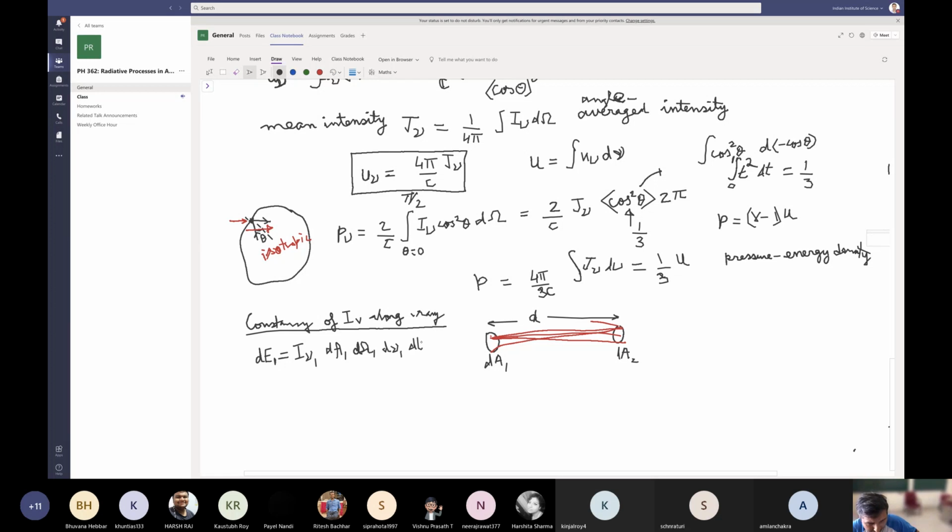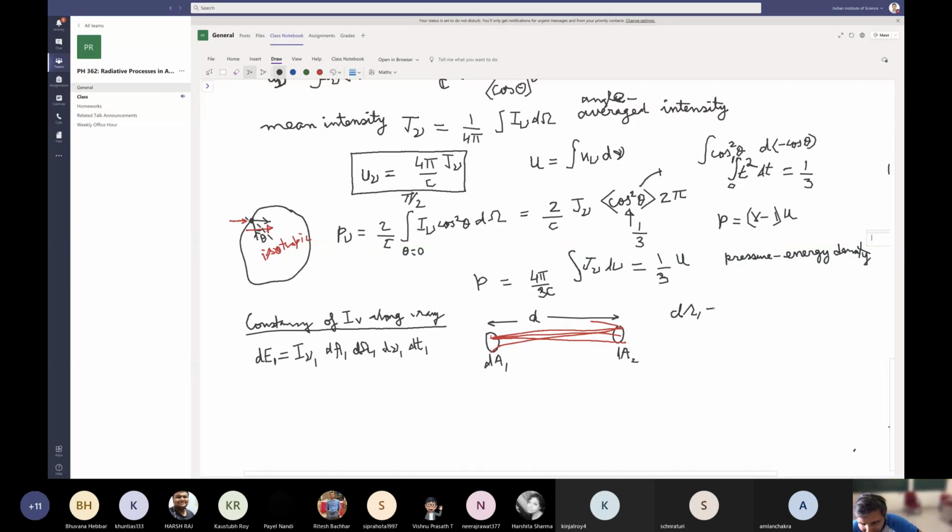This is the energy crossing area dA1 along this solid angle d omega 1. Now d omega 1 is the angle subtended by area dA2, and I'm considering these areas and the line connecting them to be collinear. The area normal is along the line connecting them, but you can also consider other geometry; the considerations are the same.